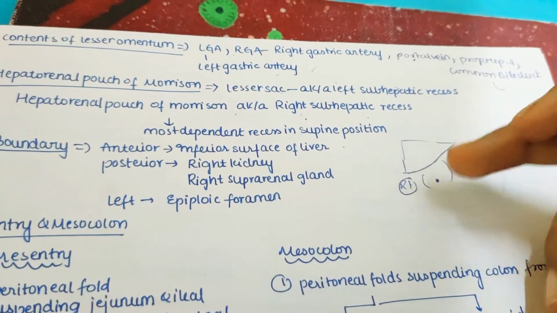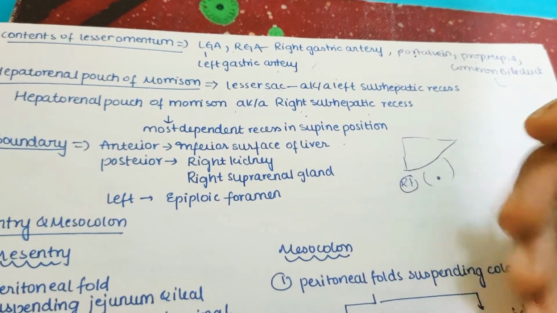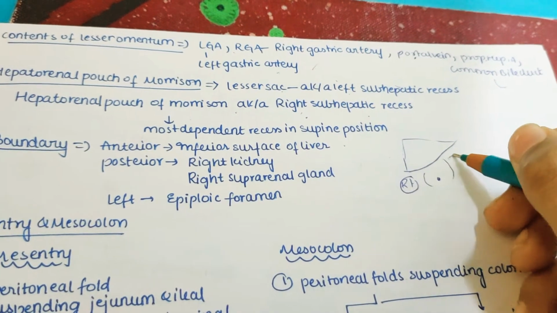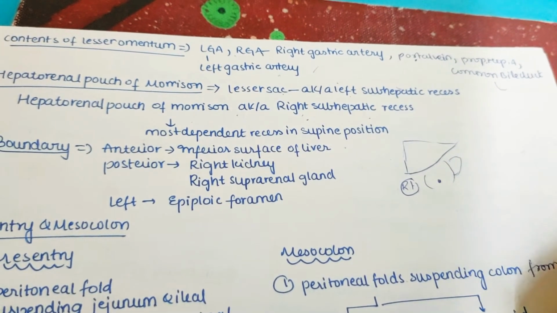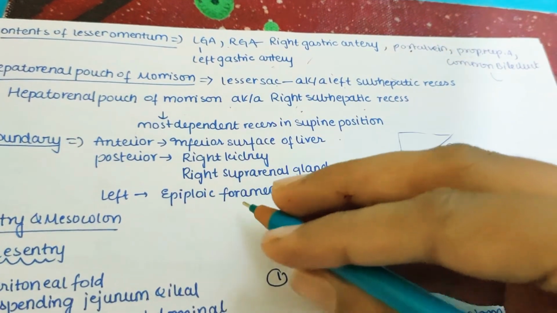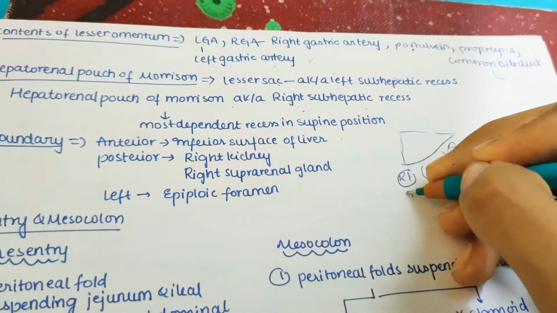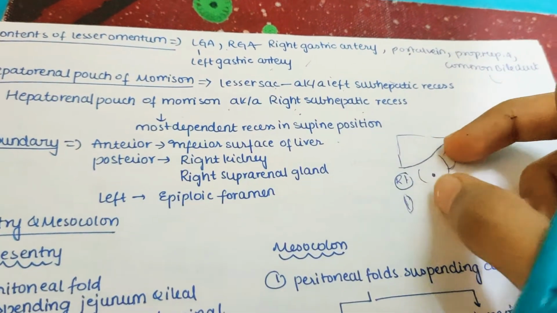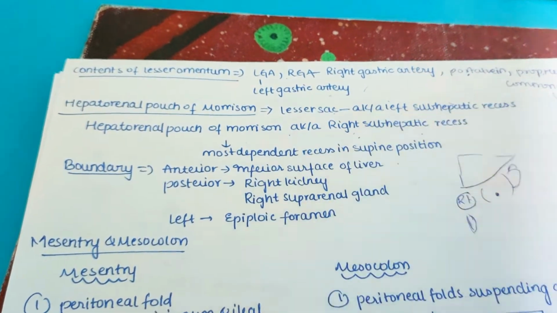If you see the boundaries, anterior to it you will have the inferior surface of the liver. Posteriorly, at the backside, you will have the right kidney and also the right suprarenal gland upon it. And on the left side here, you will have the epiploic foramen. So these are the relations of the hepatorenal pouch of Morrison.